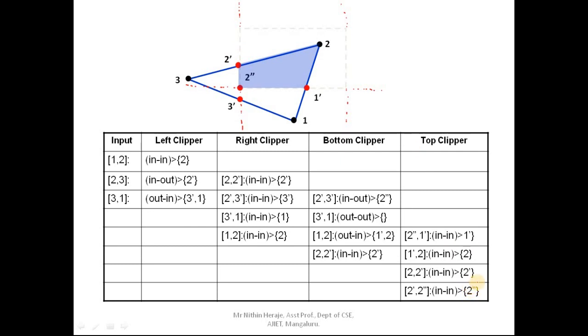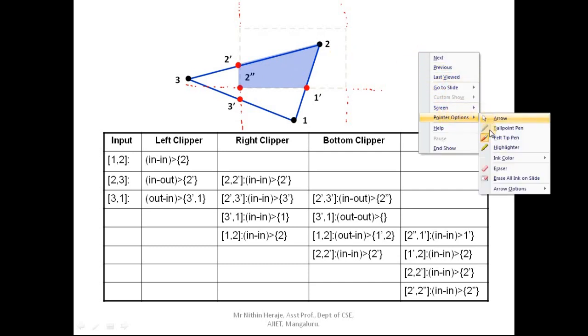Okay, and the final edges are 1 dash, 2, 2 dash, and 2 double dash over here. If you join all these, you will get the clipped polygon, that is this particular region we highlighted with blue is the clipped polygon. Okay, hope you understood this.